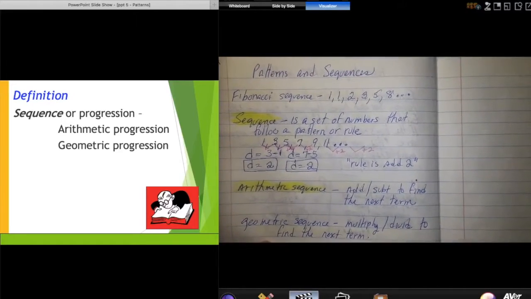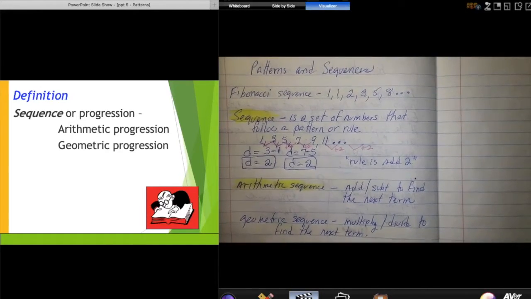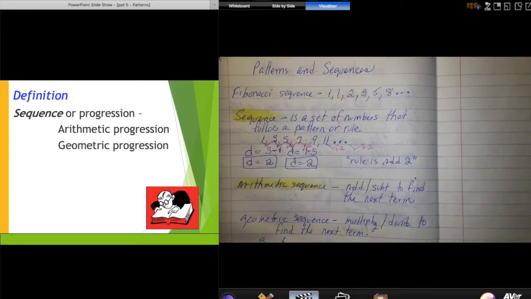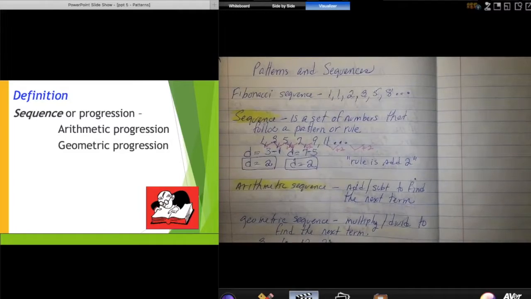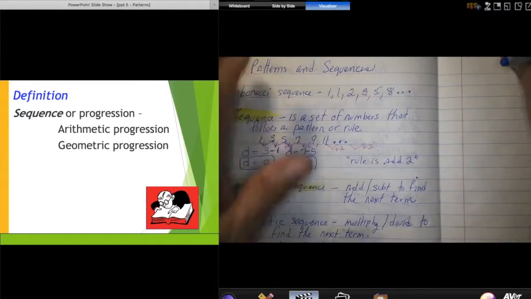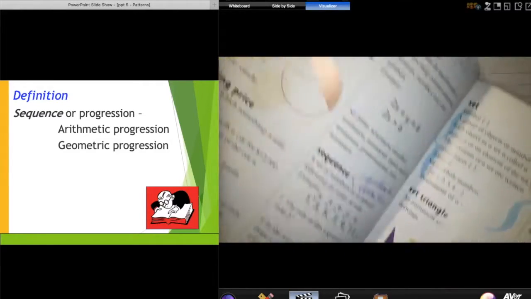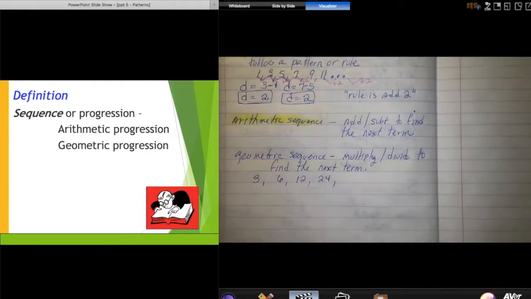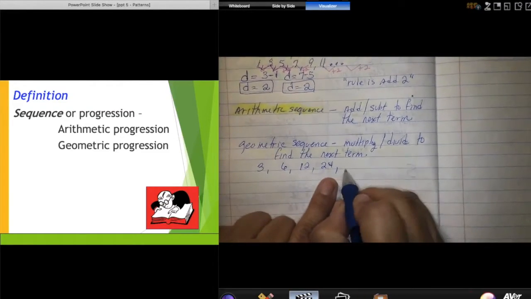Okay, so let's look at an example. 3, 6, 12, 24. And usually in these type of problems, they will say something like, find the next 3 numbers.